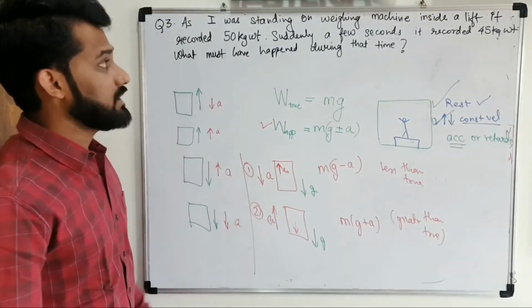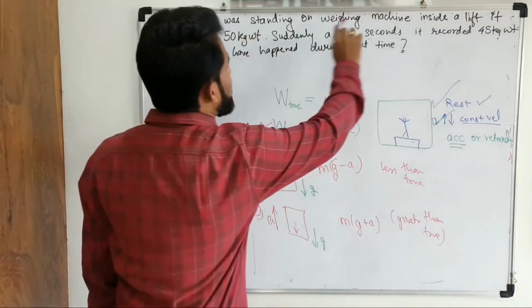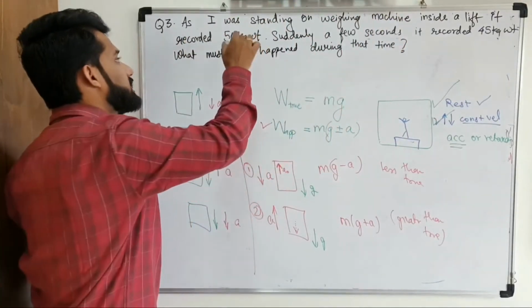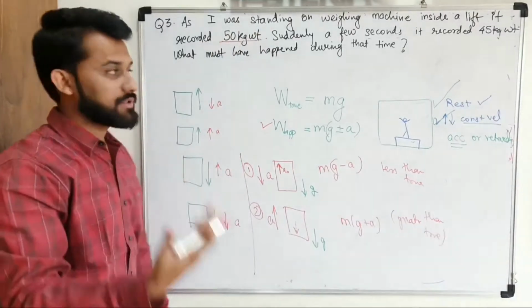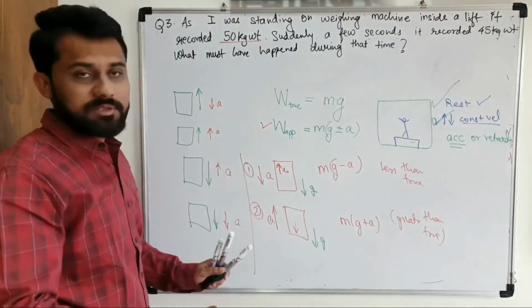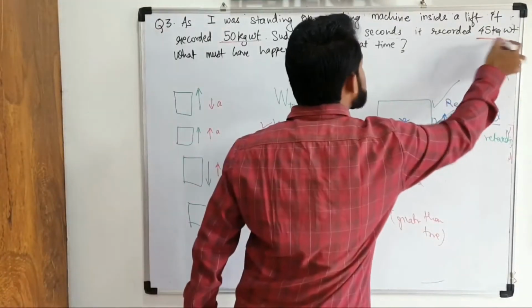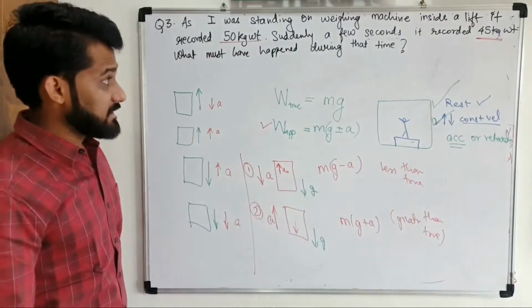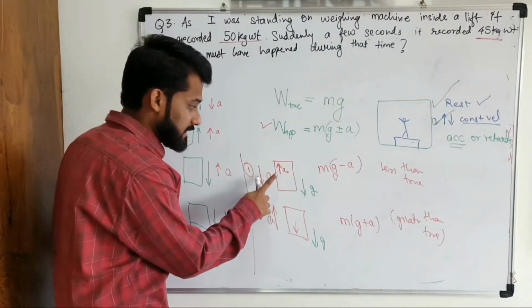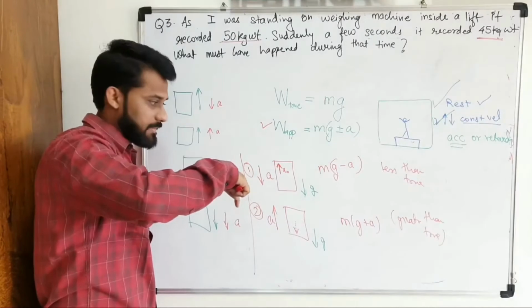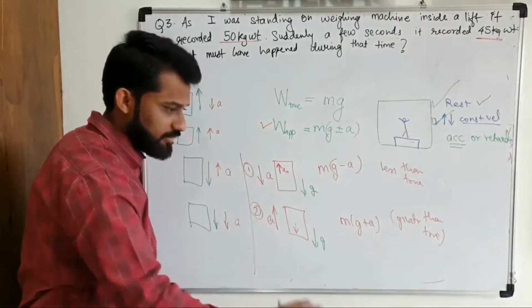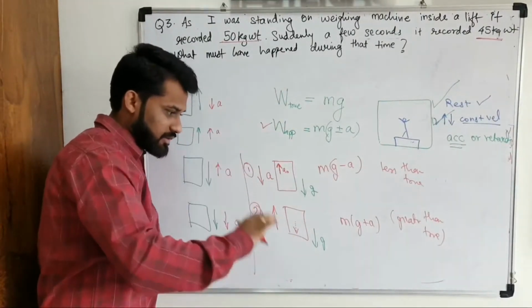So in this example, when I was standing on a weighing machine inside the lift, the weight that I recorded was 50. Suddenly something happens and the weight decreases. The weight decreases means the acceleration was downward. It doesn't mean the lift starts moving downward. No, acceleration was downward.